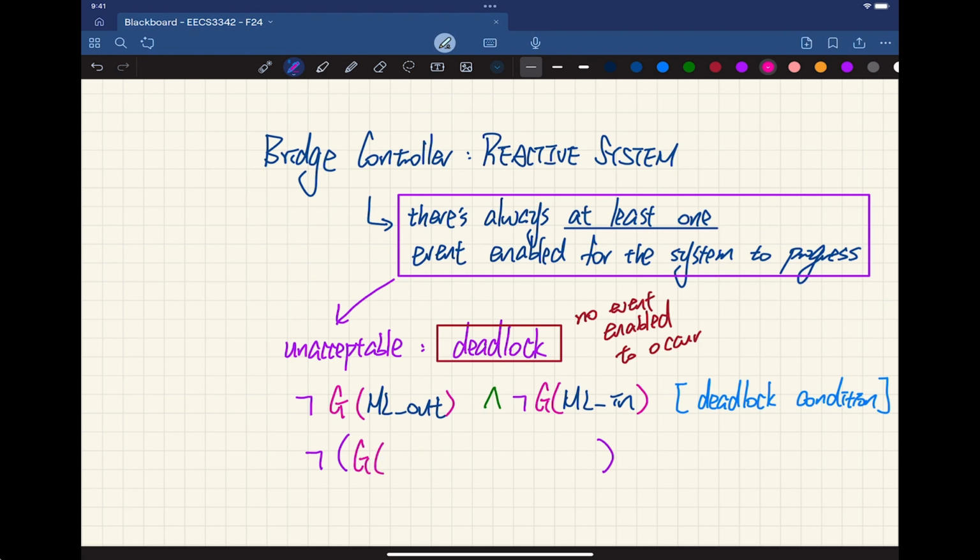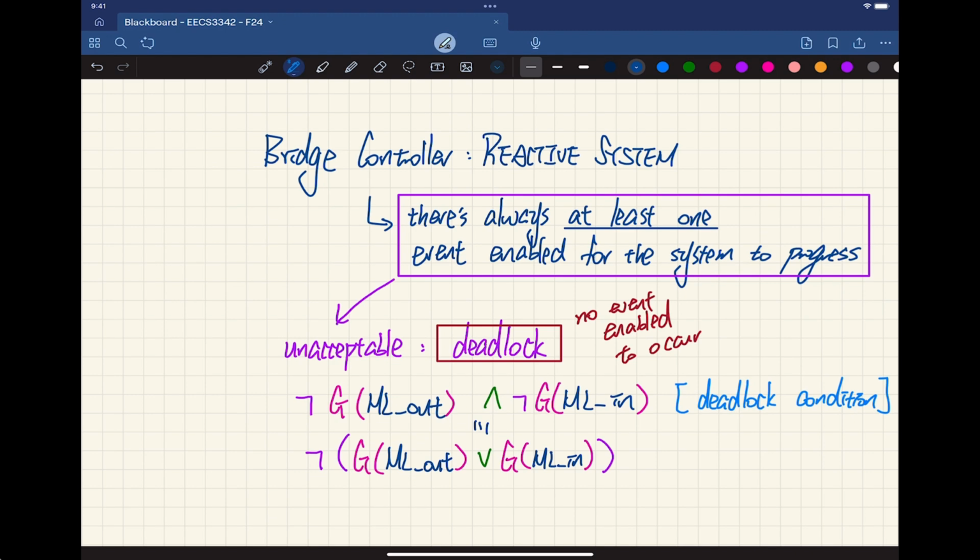Okay, this one here, or this one here. All right, we're getting there. I think it's easier for you to understand this kind of flow. So this will be ML out and also ML in. So this is also an equivalent deadlock condition. And now I want to take the logical negation of this, which means I just take out the negation sign.